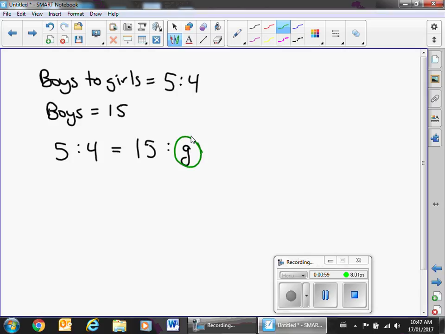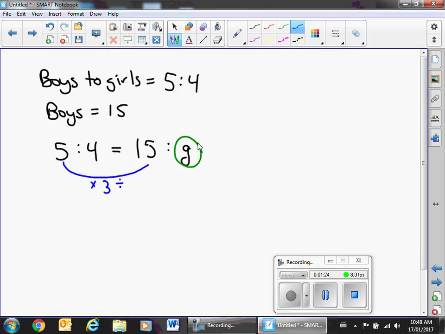Okay, so the important thing here is that we're matching up our terms. If we see that this is term 1 and term 1 here, we need to find the connection. So what number multiplies by 5 to give us 15, or what number divides 15 evenly to get us 5? We can see that the magic number here is 3.